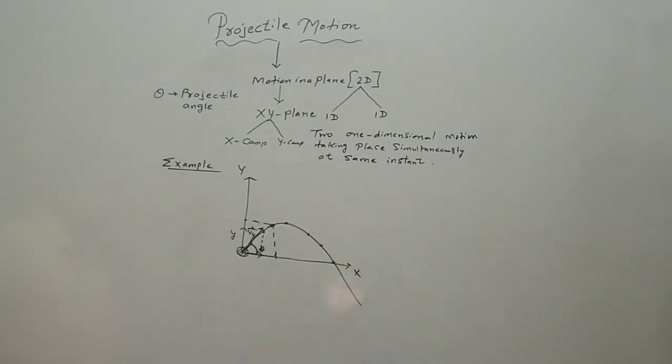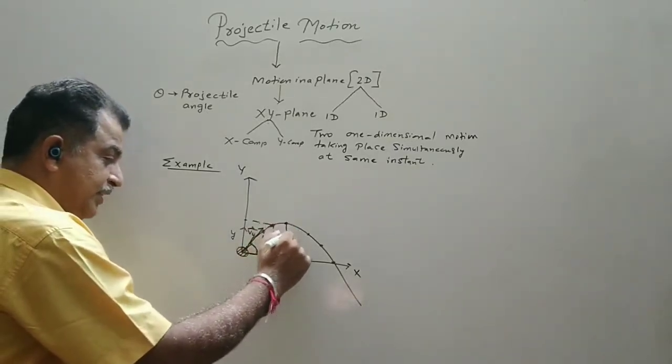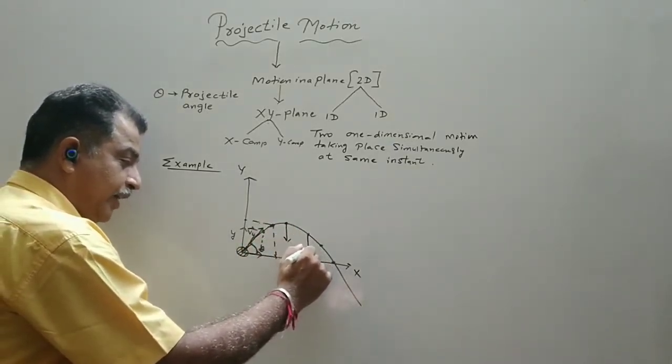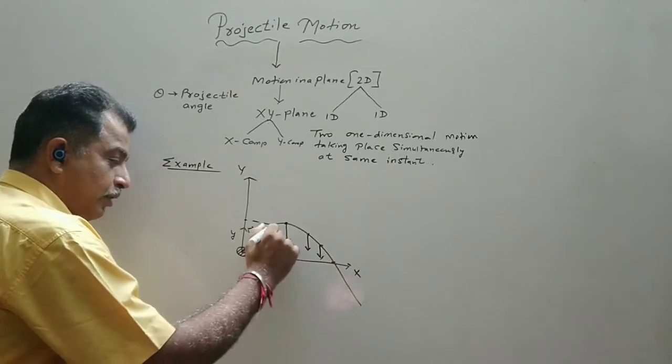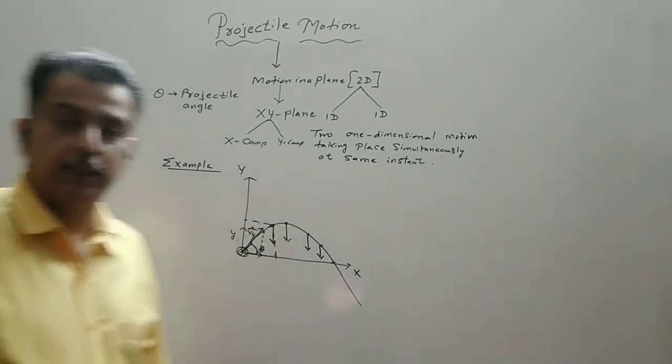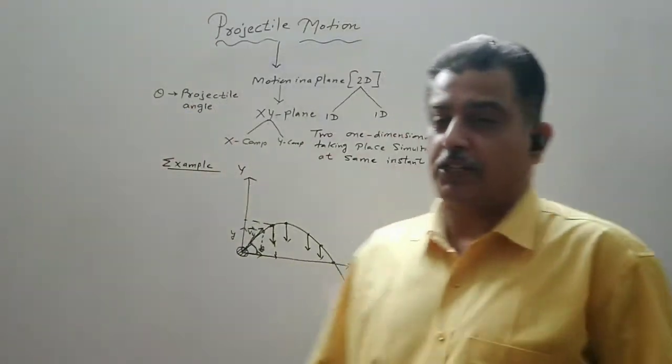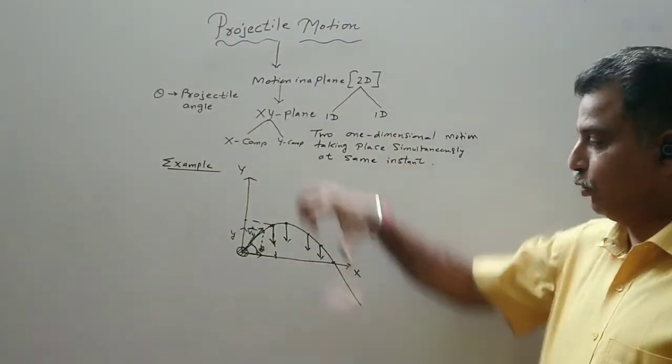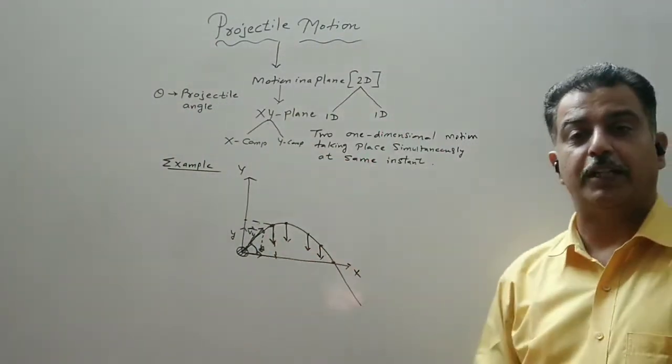But at the same instant, the acceleration due to gravity will always be vertically downward. So in projectile motion, the acceleration due to gravity is always towards the center of the earth.